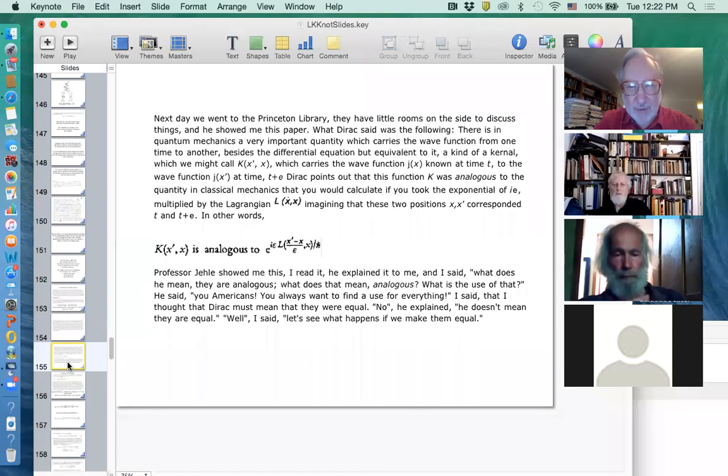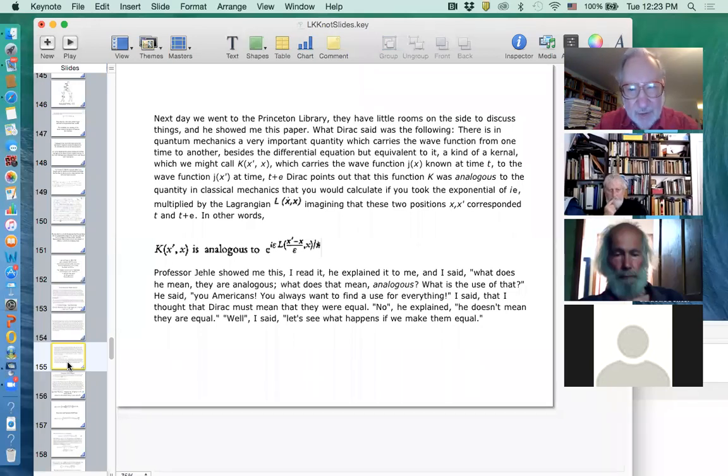What Dirac said was the following: there is in quantum mechanics a very important quantity which carries the wave function from one time to another, besides the differential equation, but equivalent to it, a kind of kernel, which we might call K(x', x), which carries the wave function phi of x, known at time t, to the wave function phi of x' at time t plus epsilon.